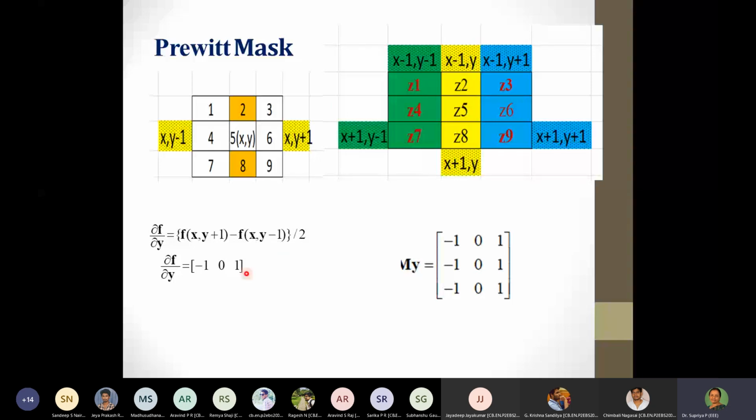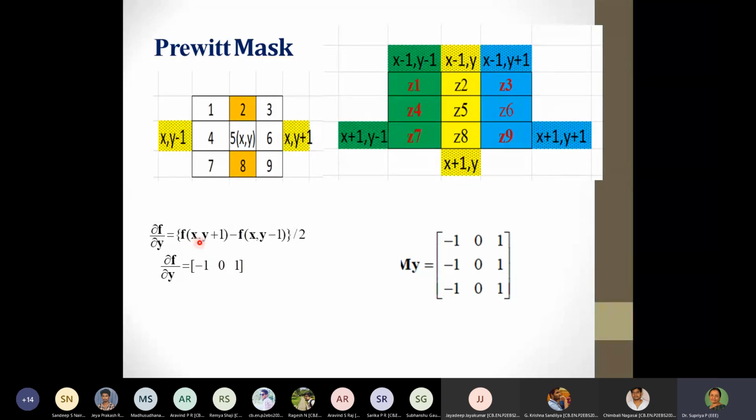In that case, we would not be getting a 3 by 3 mask. So in order to convert it into a 3 by 3 mask, what should we do? Naturally, it is very clear what we need to do. Just like what we did in our previous case, consider the difference between these two as well as the difference between these two. So if we are going to consider the difference between Z9 and Z7, this would be x plus 1, y plus 1 and this would be x plus 1, y minus 1.